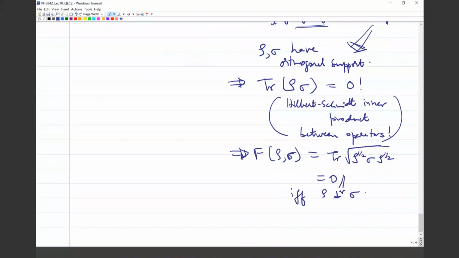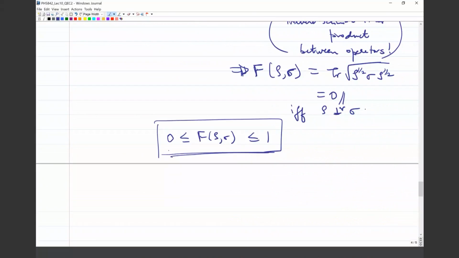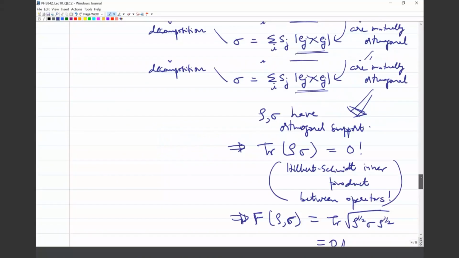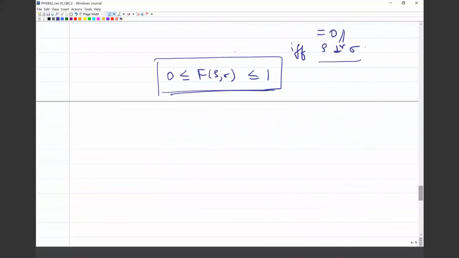So these are the two limiting cases. One can show that this measure lies between 0 and 1, and it is 0 if and only if rho is perpendicular to sigma. It is 1 if and only if rho is the same as sigma. And everywhere else, it is some number between 0 and 1, and therefore it is a valid measure of distance between quantum states.